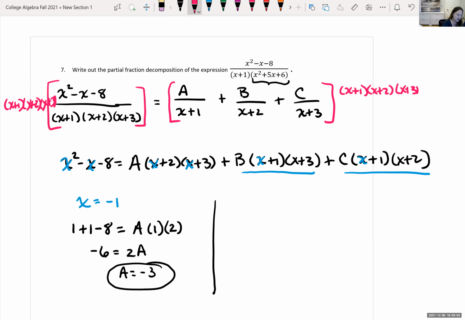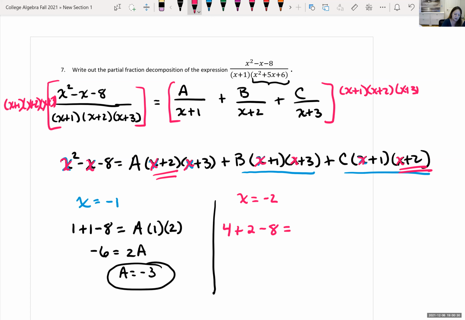So now let's look at x plus 2. If we plug in wherever we see an x, we can plug in -2. That a is going to go to 0 and c is going to go to 0. All we're left with is, on the left-hand side, -2 quantity squared, which is +4, minus a -2, so plus 2, minus 8.